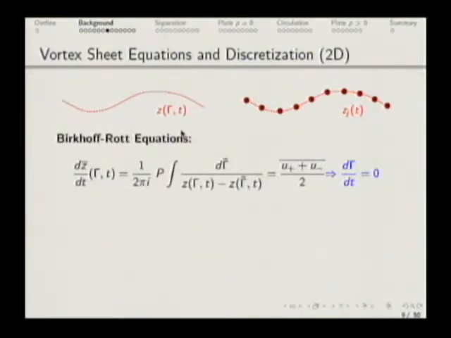And if the points move with this velocity, then the circulation is conserved. Okay, so I'll move them with this. This is all 2D, but it's easy to extend to 3D. I'll move them with this velocity. And this is a principal value integral, because this function is actually not integrable. But in the principal value sense, this is the average of the velocities above and below.